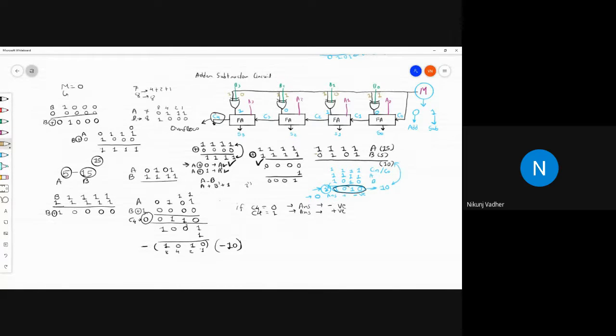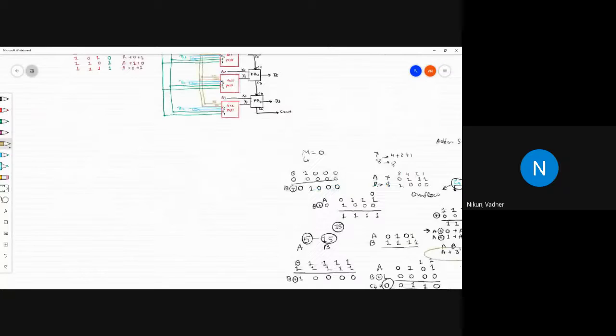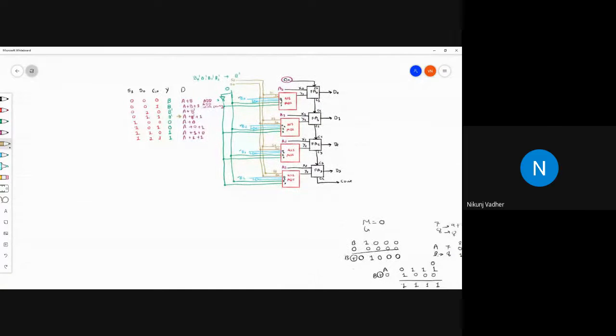But if we don't want to use a subtractor, using an adder we want to perform subtraction. In that case, A plus B dash plus 1. This is what we have written. So in the same way, this will result into subtraction.